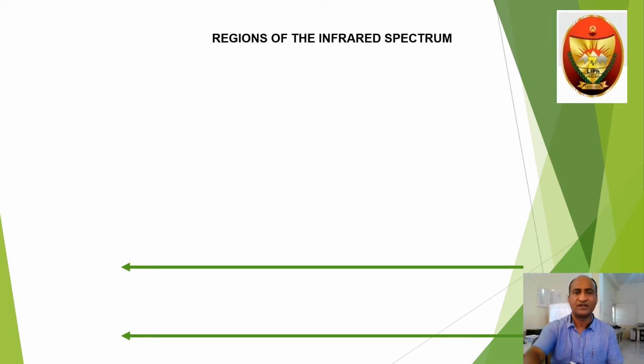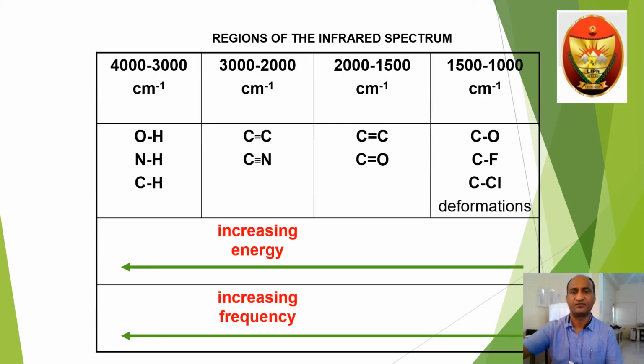Now I am going to explain the regions of the infrared spectrum. The infrared region ranges from around 400 to 4000 reciprocal centimeter. It can be further divided into different regions. For example, in 4000 to 3000 reciprocal centimeter, OH stretching, NH stretching and CH stretching take place.